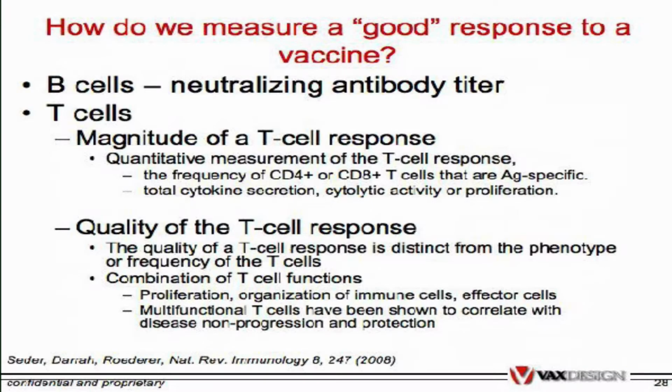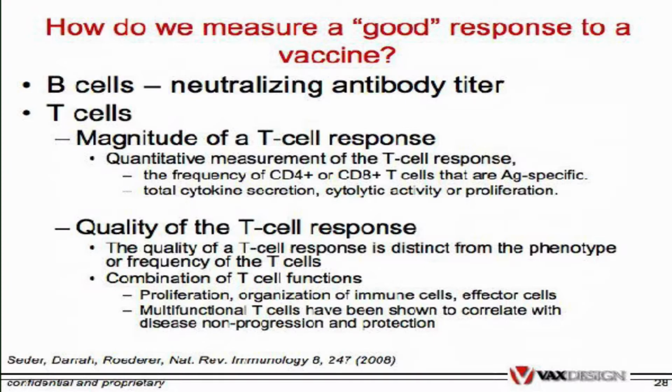Simply put, when we look at B-cell antibody production, the easiest way for us to test that is: is it a neutralizing antibody? Is it an antibody that will effectively neutralize the pathogen of choice? And for T cells, the magnitude of the T cell response, we do a lot of CFSE labeling.